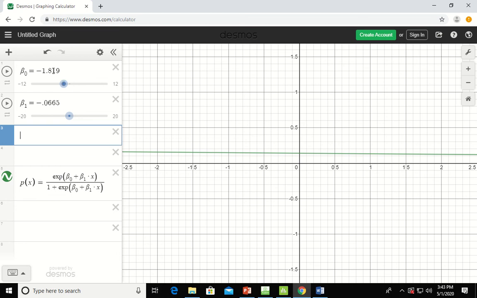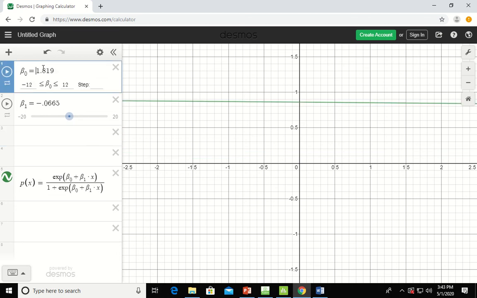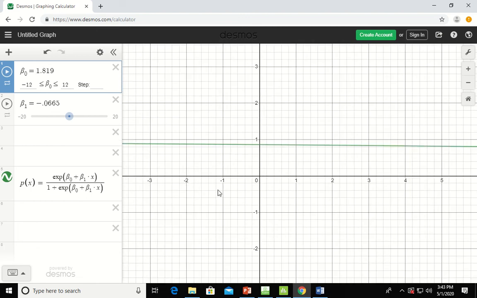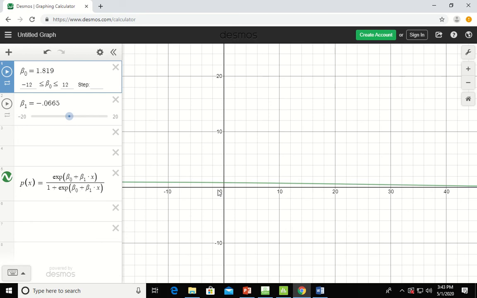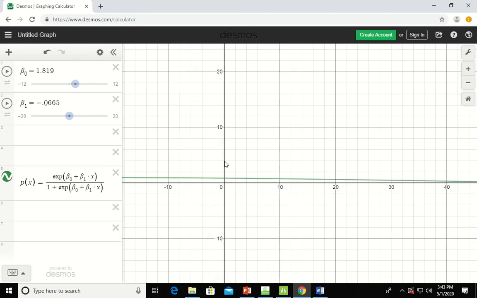Oh, I'm sorry, the beta naught should be positive. And minus 0.0665. Well, okay, so it doesn't look so good, but that's because I don't have the scaling right. So I've got to pull way back and kind of see what my graph might end up being.